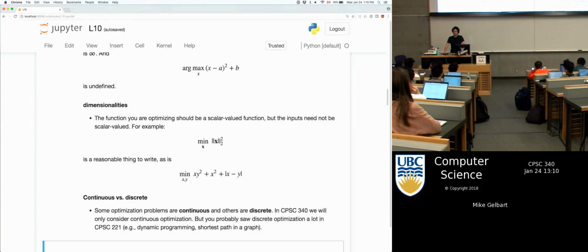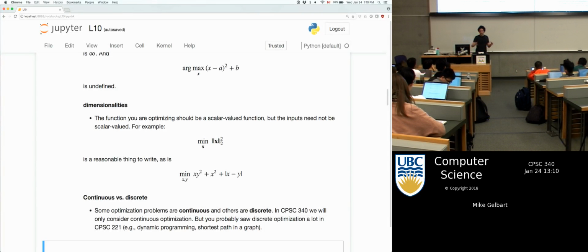And I just wanted to connect this to algorithms and data structures. You've all taken at least one algorithms and data structures class, and often the word algorithm used in those courses is actually referring to solving a discrete optimization problem. For example, finding the shortest path between two nodes in a graph, you could have an algorithm for that, like Dijkstra's algorithm, but in the broader sense, you are solving a discrete optimization problem.